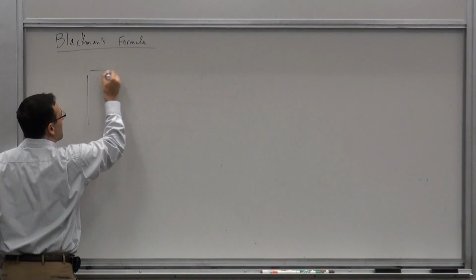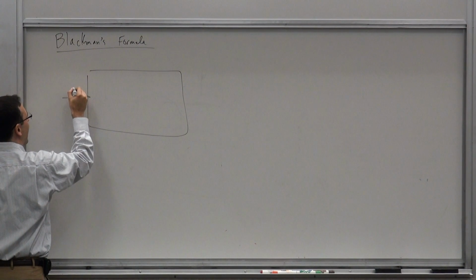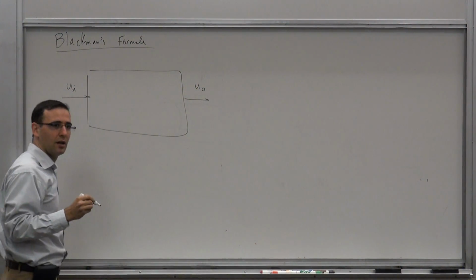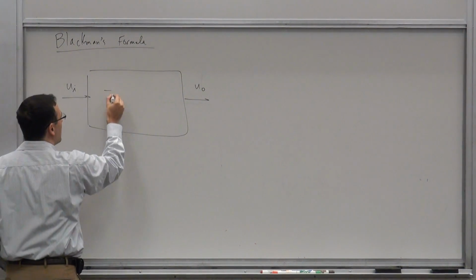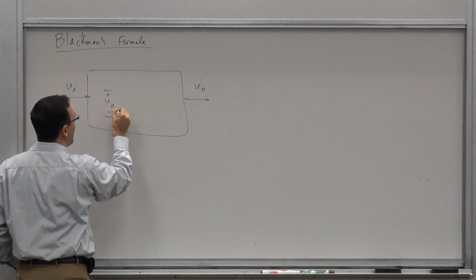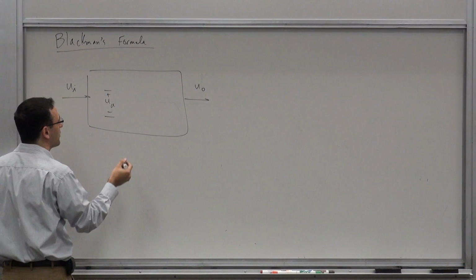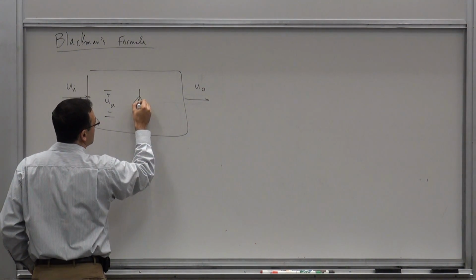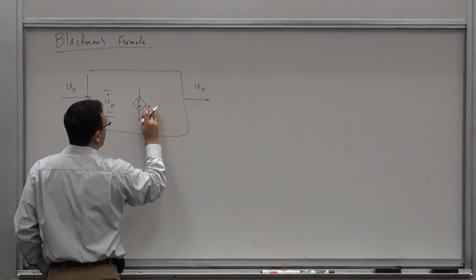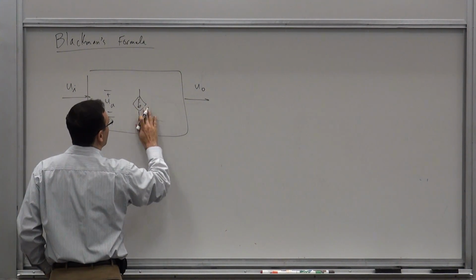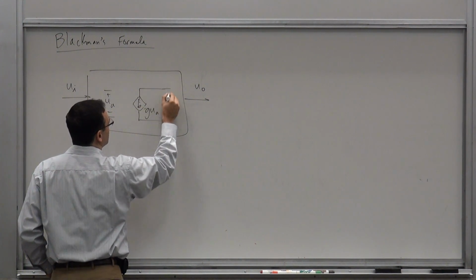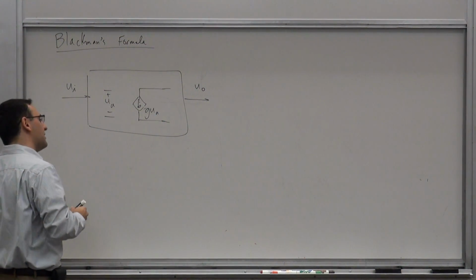You remember when we thought about this circuit, we said you can have in general a UI input and a UO output. Somewhere inside you have a signal UA, which could be voltage or current, and a dependent source, in this case GUA.